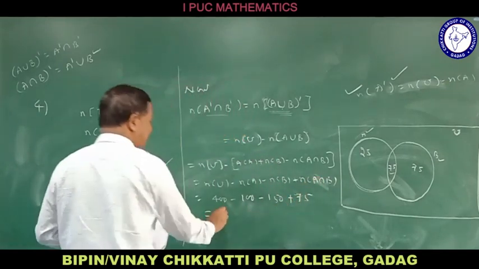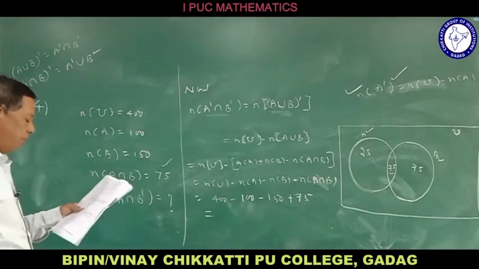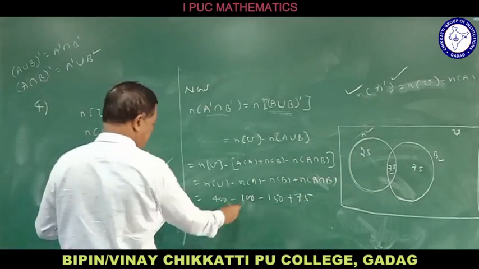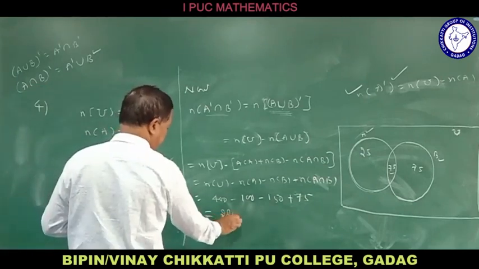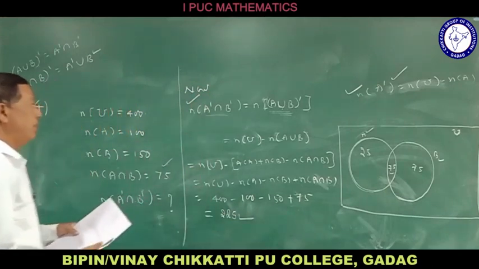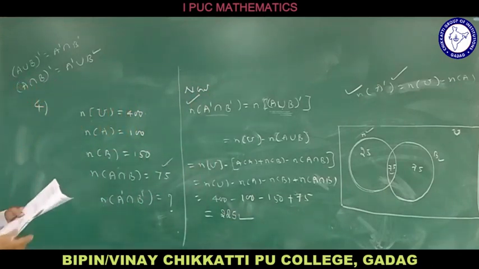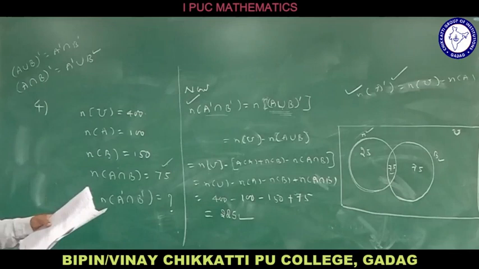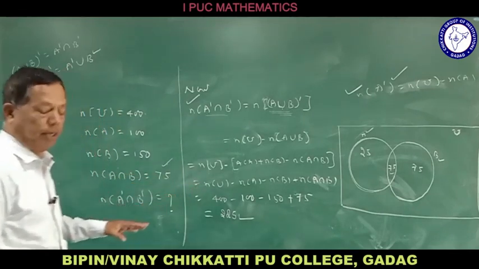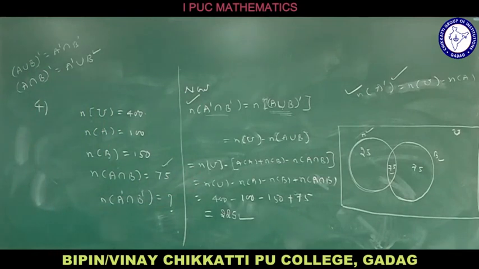Now you have to simplify 400 minus 100 minus 150 plus 75. You simplify and get 225. So 225 is N of A dash intersection B dash, meaning the students neither taking apple juice nor taking orange juice.